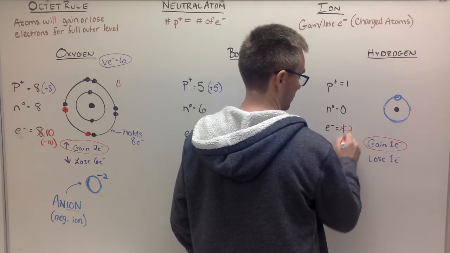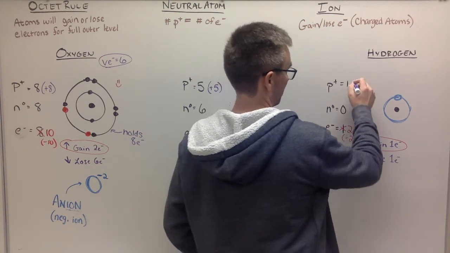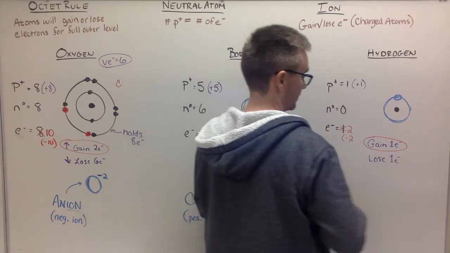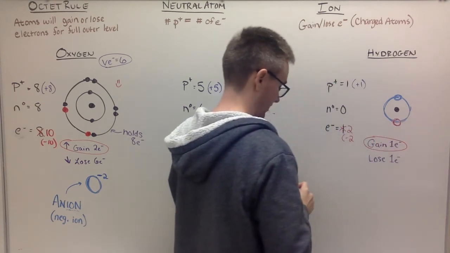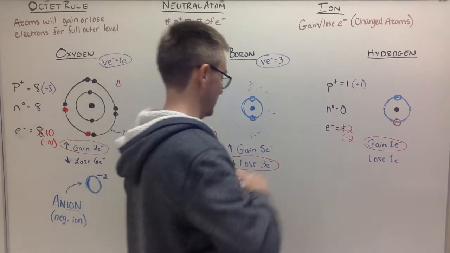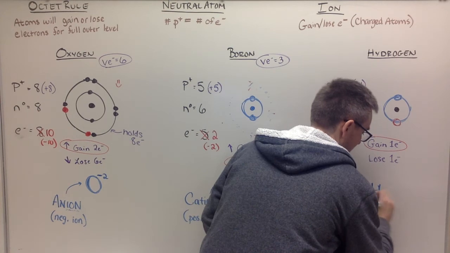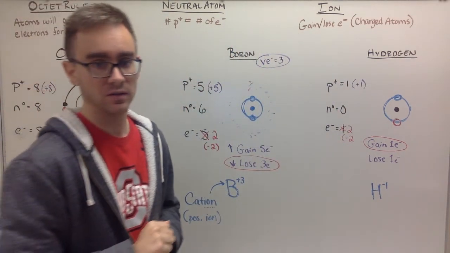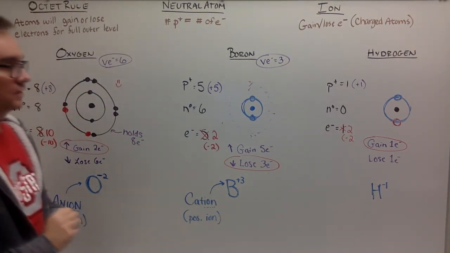That's going to turn this into 2 electrons, or minus 2, while we only have a plus 1 from protons. Since I've gained something negative, I have hydrogen as a minus 1 anion. Anion, because it's a negative ion.